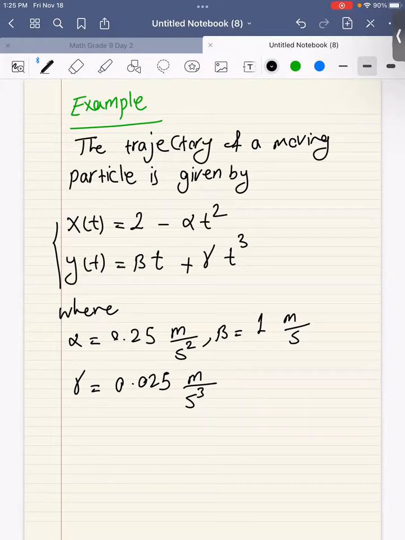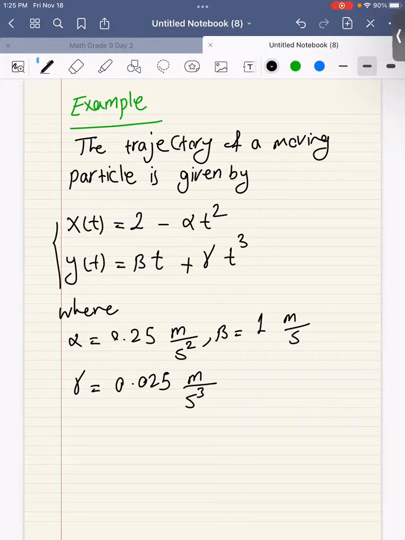But here I did this because I wanted to emphasize the units. So the units of these constants are important. Can you see the reason? Okay, very good. So this is the trajectory.